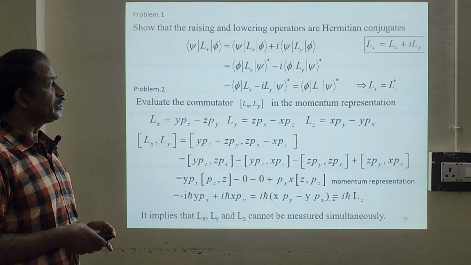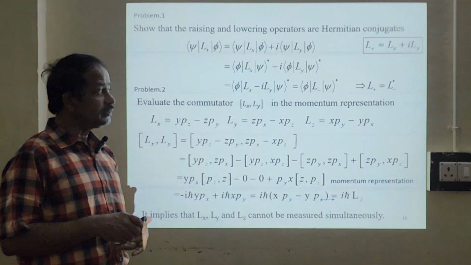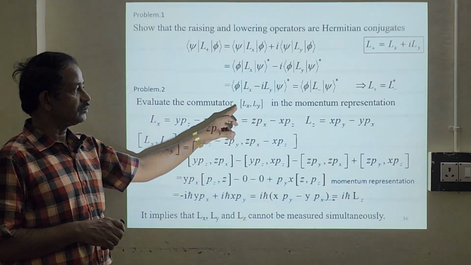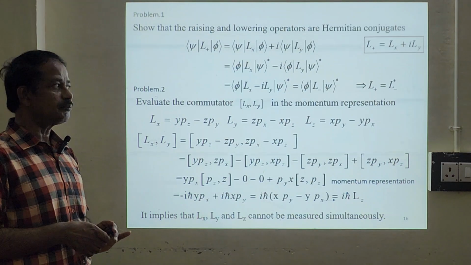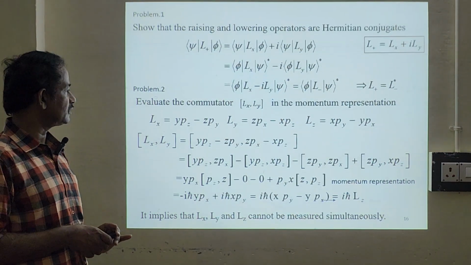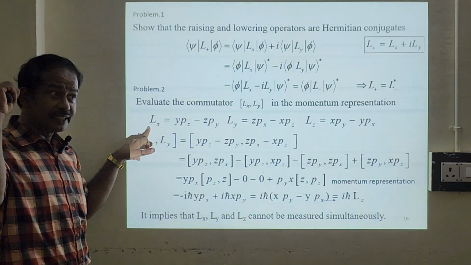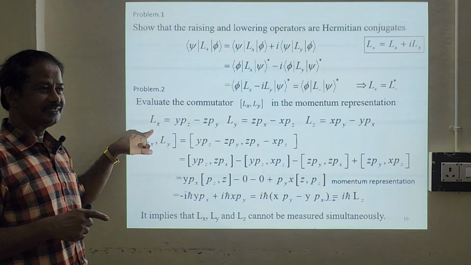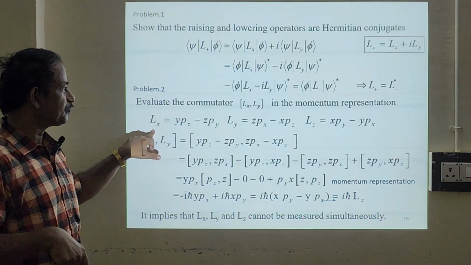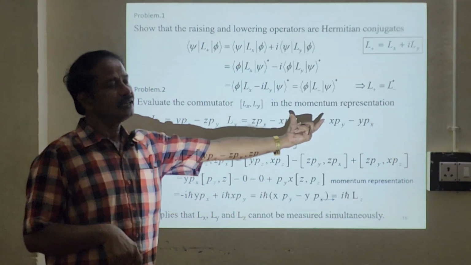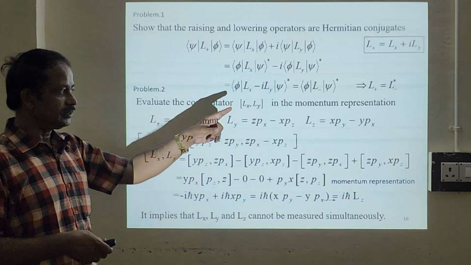Evaluate the commutator [Lx, Ly] in terms of the momentum representation. So we are going to show this in terms of momentum operators. Of course we know the classical expression for Lx is given by this, which you have already studied in classical mechanics earlier. Ly is given by this expression and Lz is given by that expression.